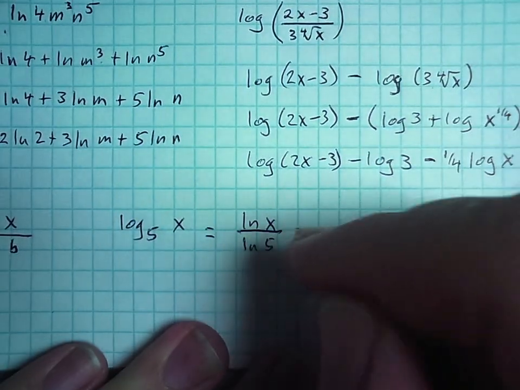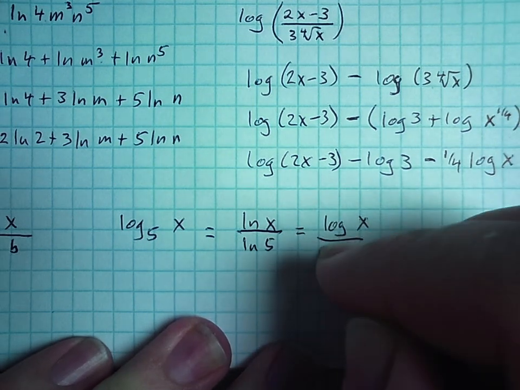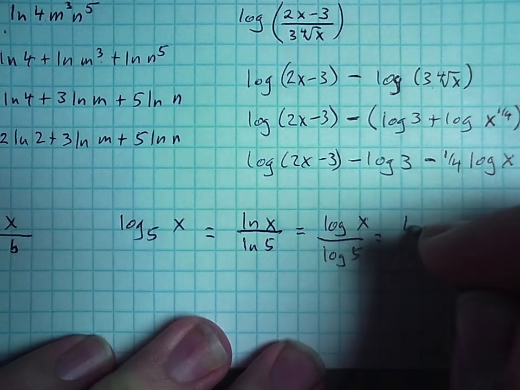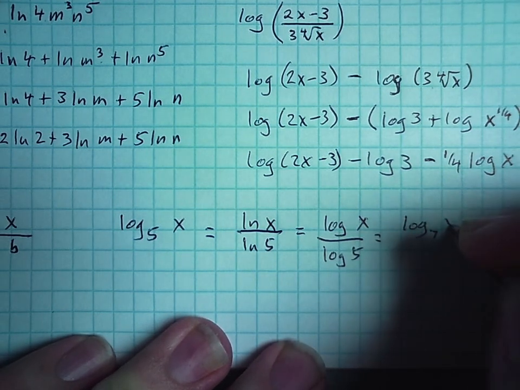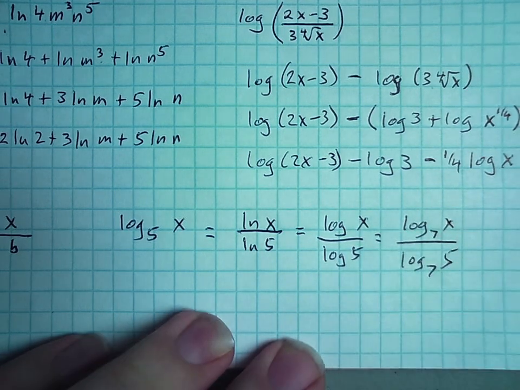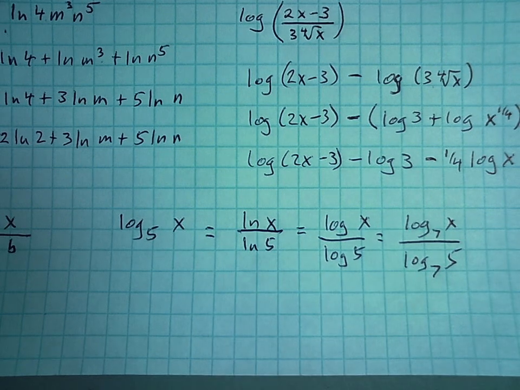I can also use log base 10, the common log, where we just write log. And if for some reason I really liked 7s, I could do log base 7 of x divided by log base 7 of 5. And if you don't believe me, stick all three of these into a calculator, you'll get the same answer every time. That's how the change of base formula works.